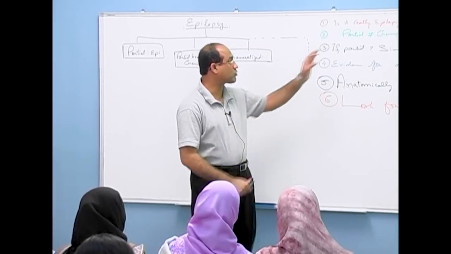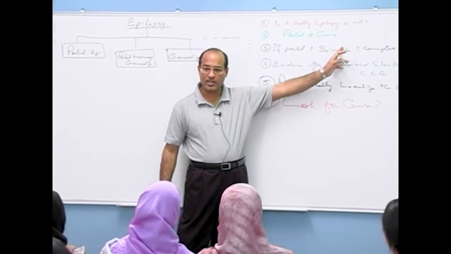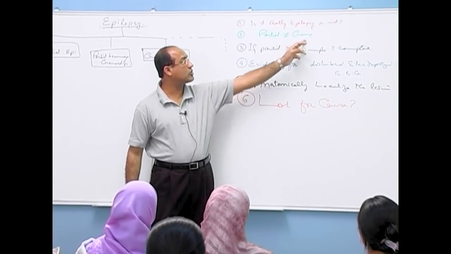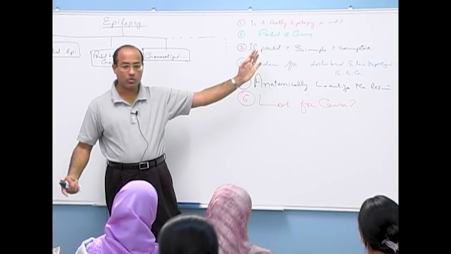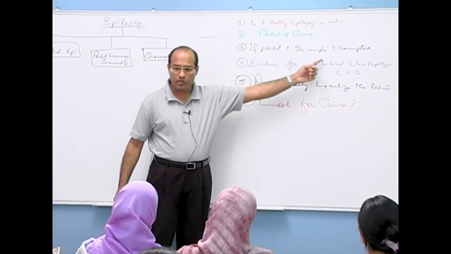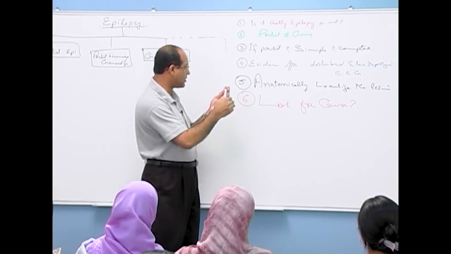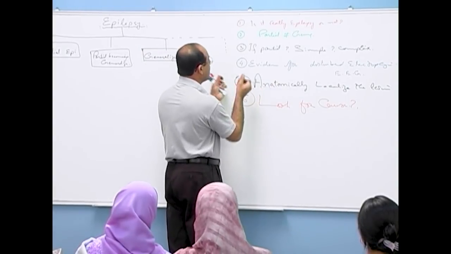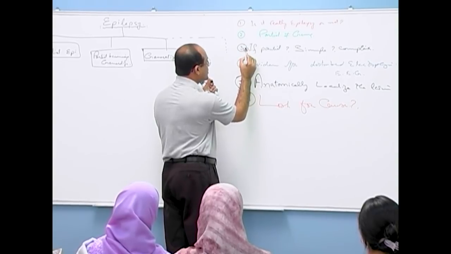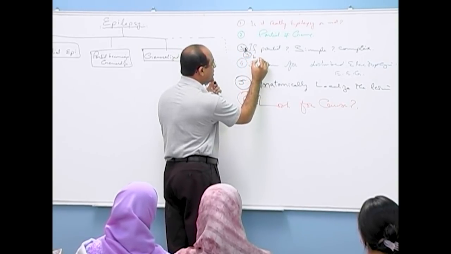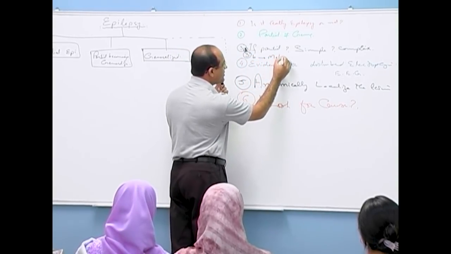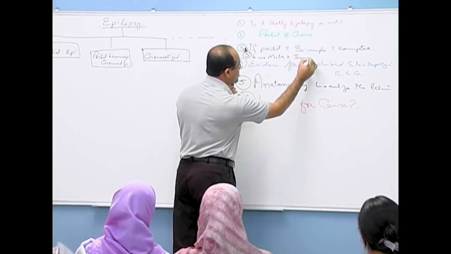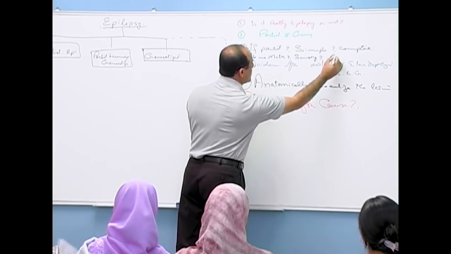Number 2: if it's true seizure, is it partial or generalized? If it is partial or generalized, what type? Simple or complex? Question 3A and 3B should be, is it motor? Sensory?